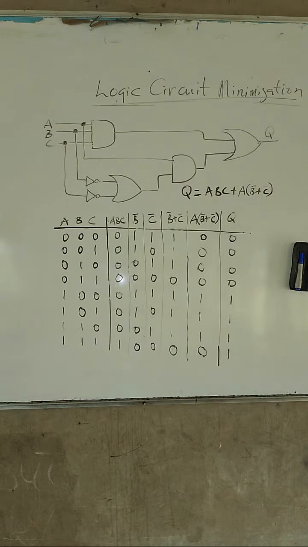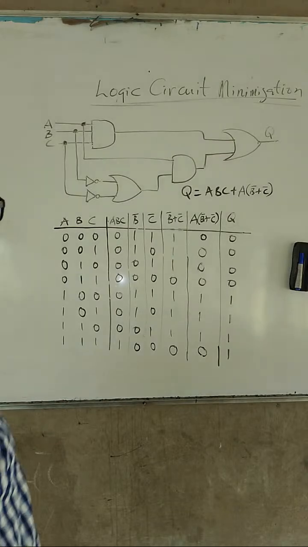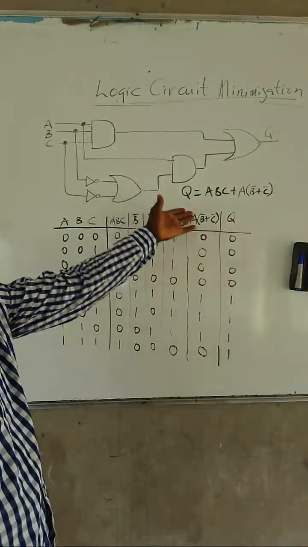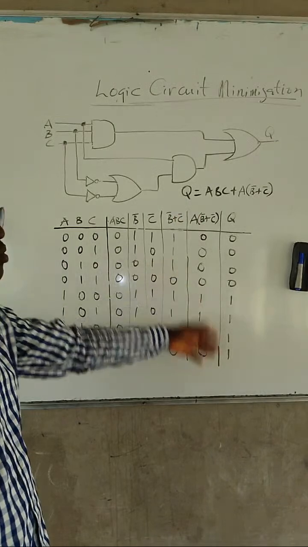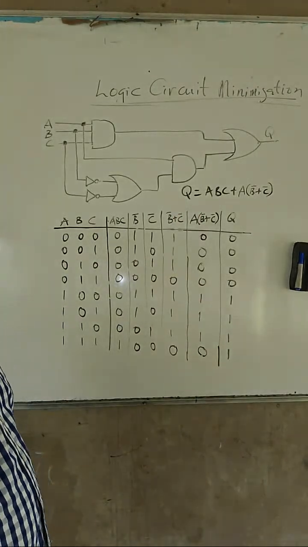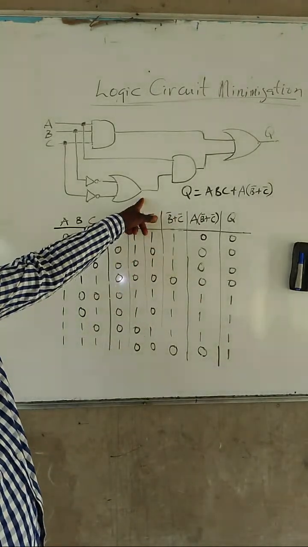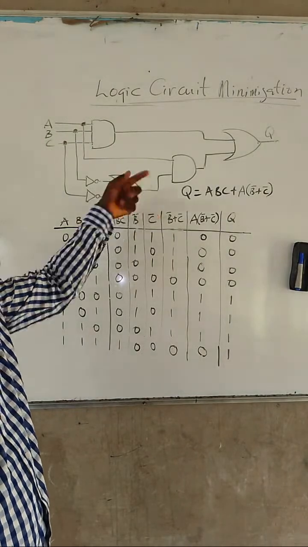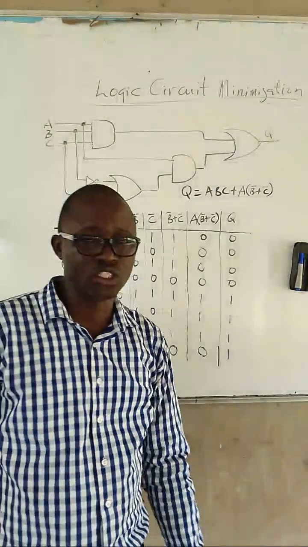We've learned how to use Boolean algebra to simplify logic gates. Today, we have seen how we can use a truth table also to simplify and to develop a truth table. Right now, we want to use the Karnaugh map to simplify combinational logic circuits.